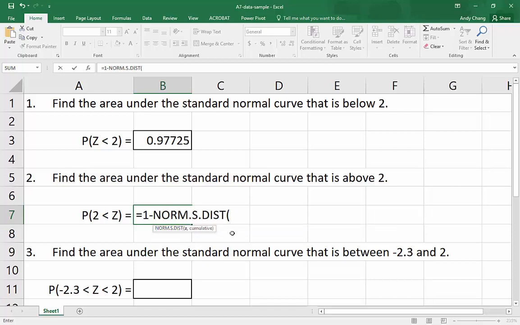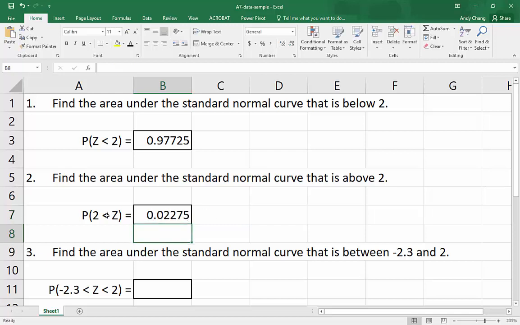Double click on it, it'll bring up the whole thing, and then 2 comma 1. That's 1 subtract the cumulative distribution at 2. That will give you distribution above 2 in this standard normal distribution situation.